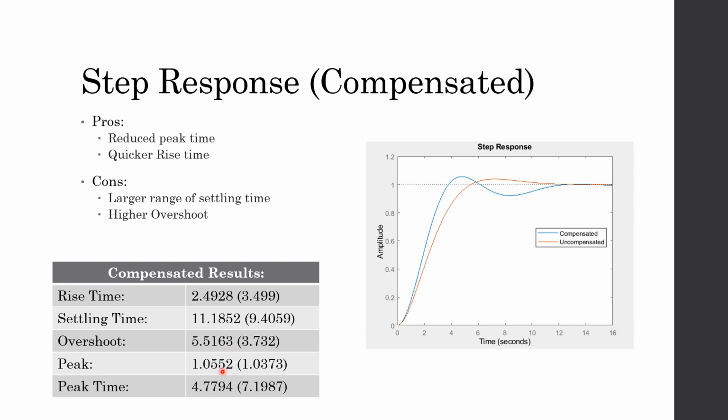So the peak time for the compensated one was 4.7794 compared to the 7.1987 that we had in the uncompensated one. You can see some comparisons here, the rise time, settling time, overshoot, and the peaks. Like I said, the peak was a little higher in this compensated one, but the peak time was substantially smaller, which was the goal of this controller here.